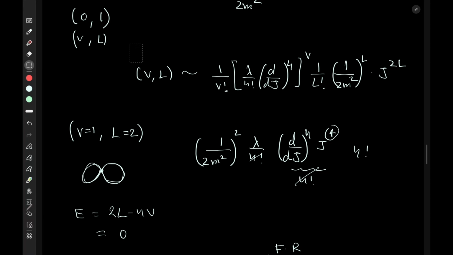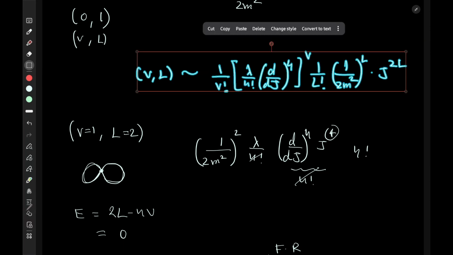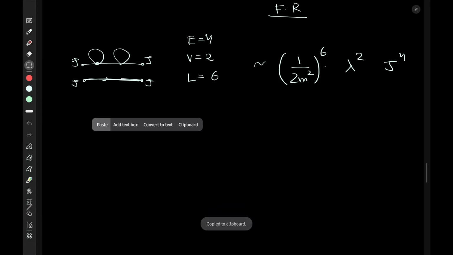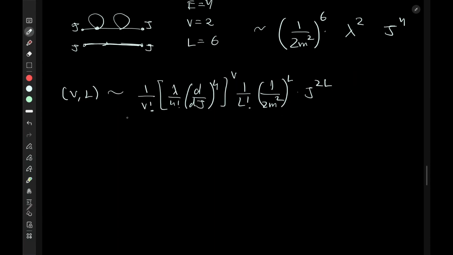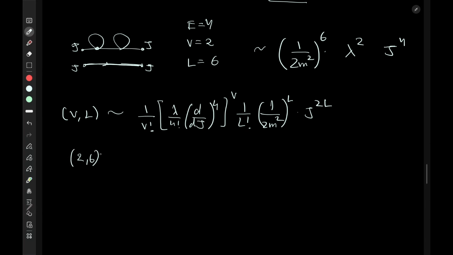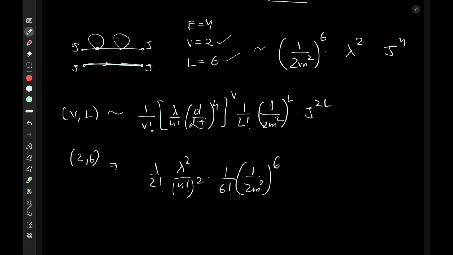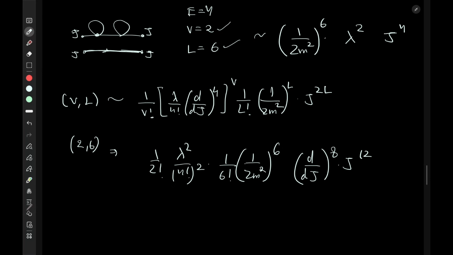From the general Taylor series expansion, there will be a term that corresponds to V=2, L=6, because V is 2 for this graph and L is 6. We will get 1 over 2 factorial, lambda square over 4 factorial square, times 1 over L factorial, which is 1 over 6 factorial, times 1 over 2m square to the power 6, times d over dj to the power 8 acting on j to the power 12.